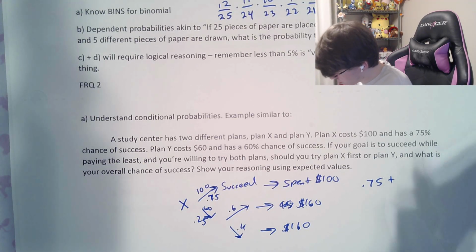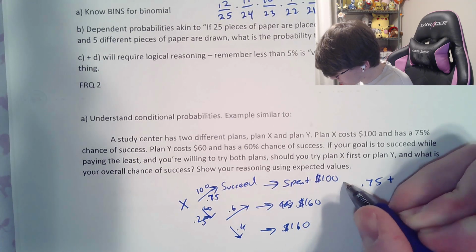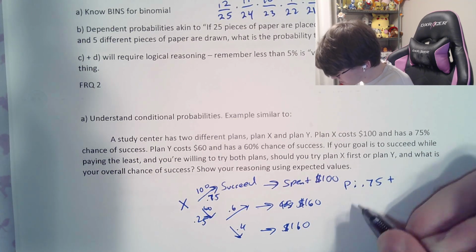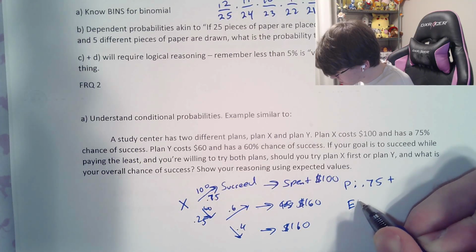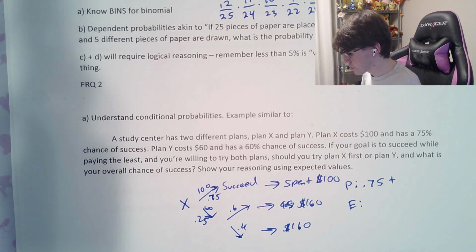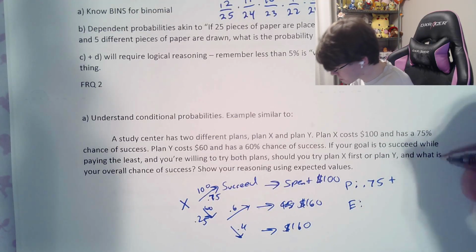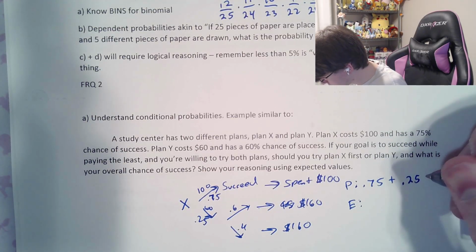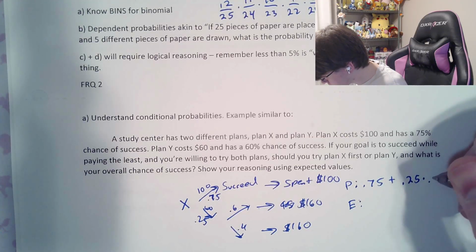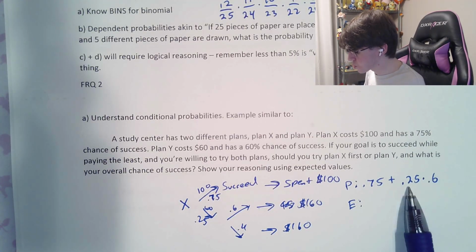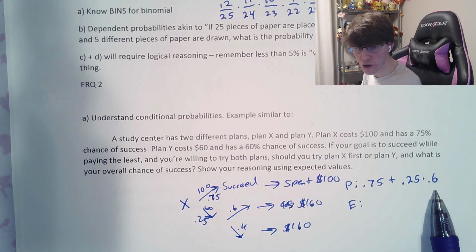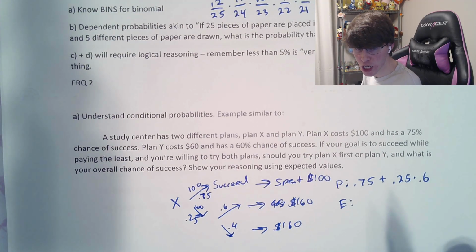We'll write this twice: our very top one is our probability, and this bottom one is your expected value. So your probability is going to be 0.75 plus 0.25 times 0.6, because only 25% of the time will you actually go into this other version of the work here.